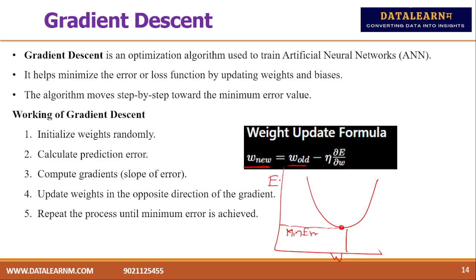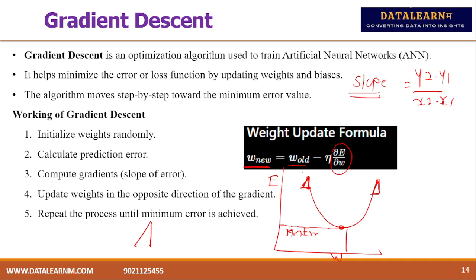Where E is on the y-axis and W is on the x-axis, this derivative is nothing but a slope. There is y2 minus y1 upon x2 minus x1, whatever the values between two errors. So this is just a slope of two values. Suppose I just took w1 minus w2.